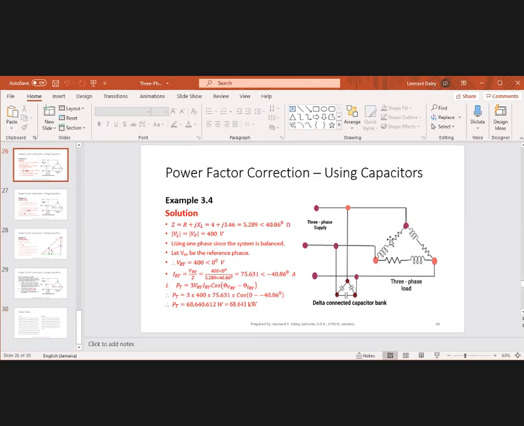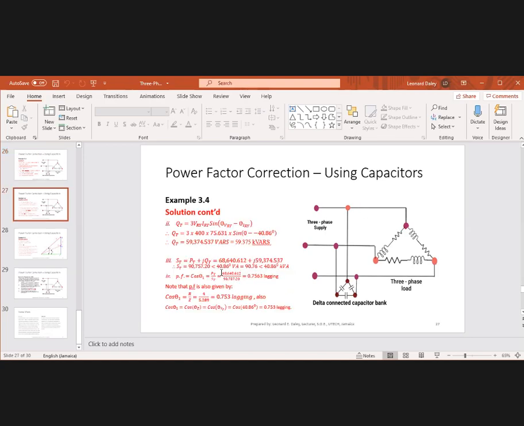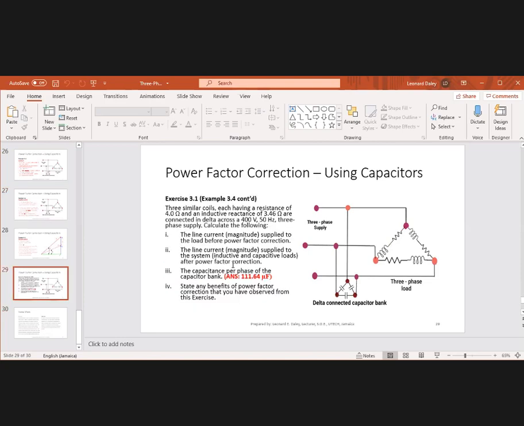It's a delta connected system, right? So the line current would be just root 3 times that magnitude. You get 130.99. I would have to go back and look and see where I wrote it down, but yes, it will be root 3 times the phase current.